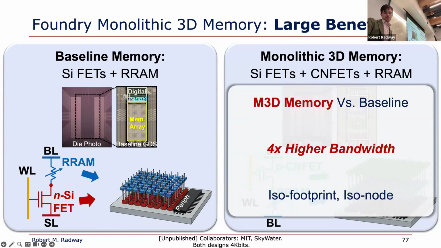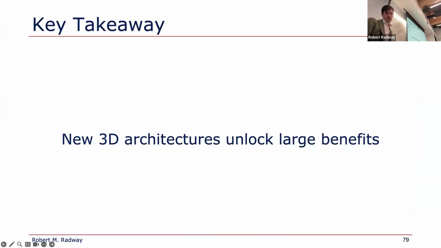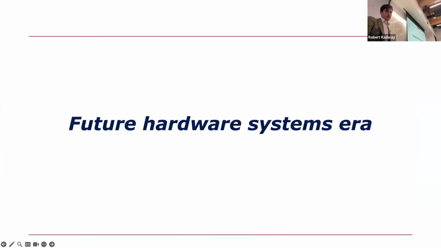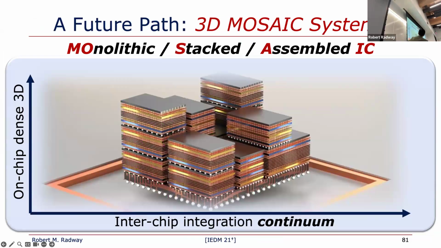So this is a whole area of what I call future hardware systems, which is how do we look at integrating many chiplets via a continuum of integration technologies, each with various device technologies in the back end of line, so that you can create what we call 3D mosaics or monolithic stacked and assembled ICs.